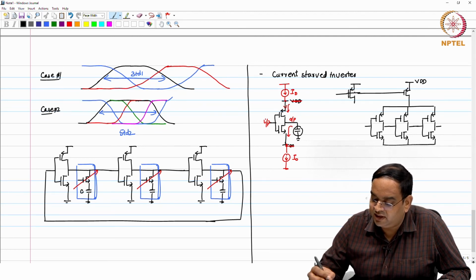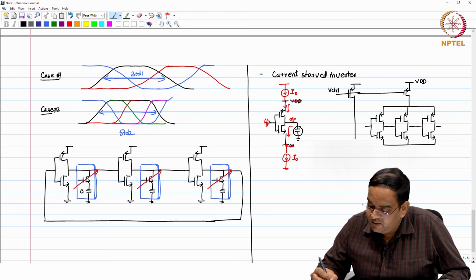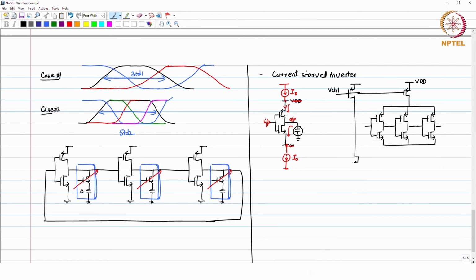By the way, this is, let us say, V control. I control the current. The same current I am going to mirror on the bottom side also, and the oscillator is connected in feedback like this.